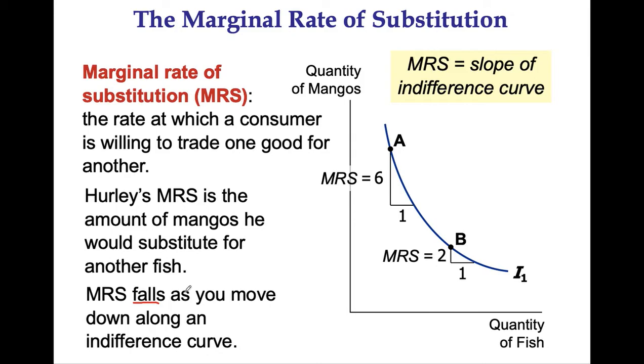But mathematically, as the math shows, we know that the slope of the indifference curve is negative, so we should see the MRS as a negative number. As we move down along the curve, this negative MRS is expected to increase.